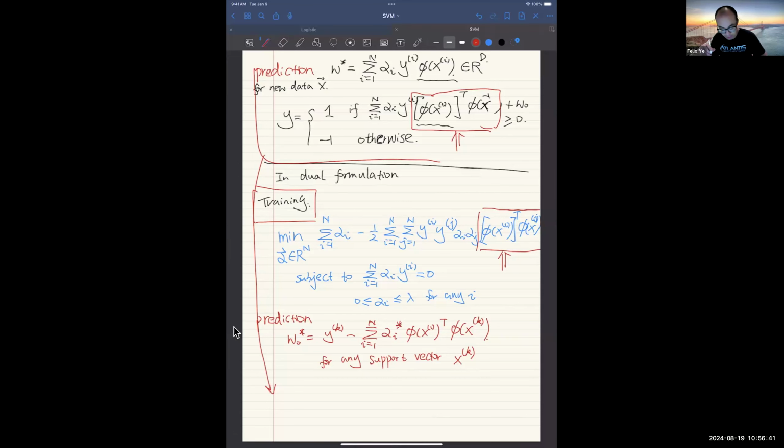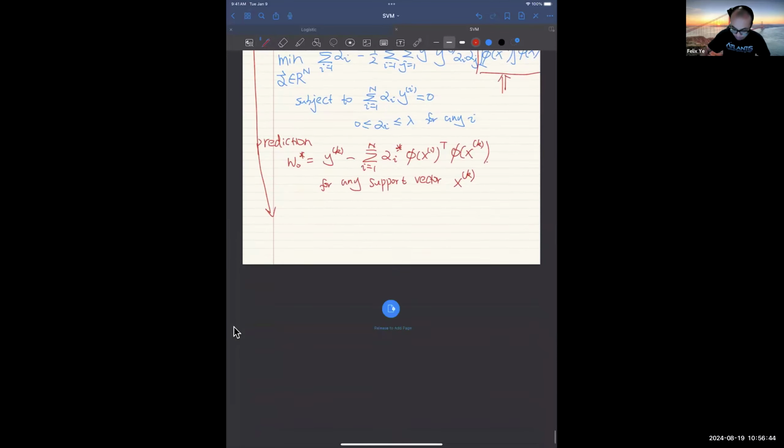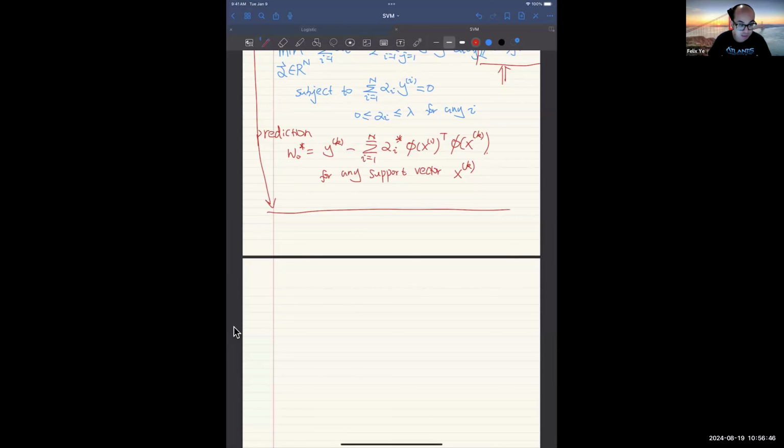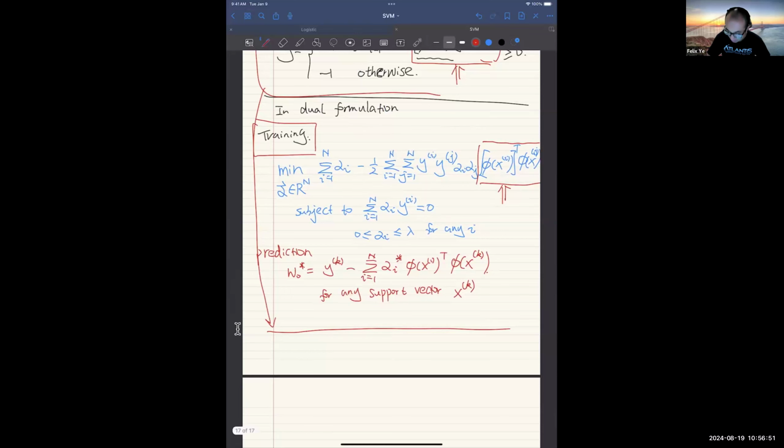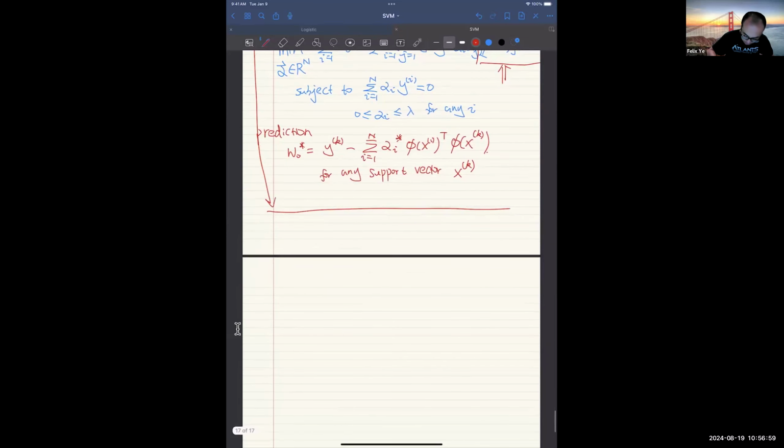So in the dual formulation, what actually matters is this combination right here. That's why we are going to use a similar idea. We can define this kernel K of x_i and x_j, which is nothing but phi of x_i transpose phi of x_j.